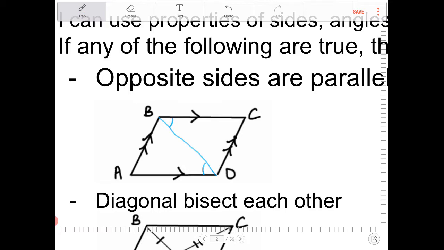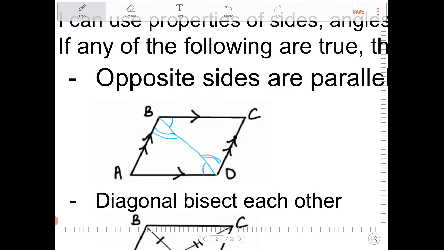These 2 angles are going to be congruent because of alternate interior angles. These 2 angles over here should also be congruent because of, again, alternate interior angles. Now, taking a look at this, can you justify why triangle ABD is congruent to triangle CDB?